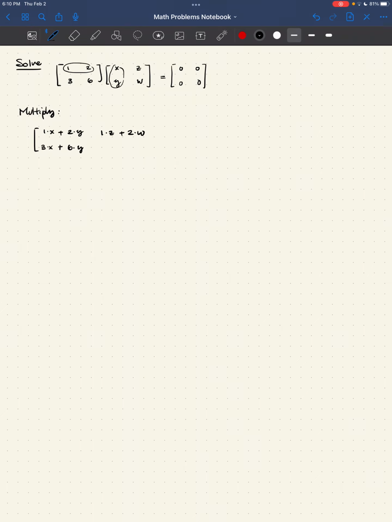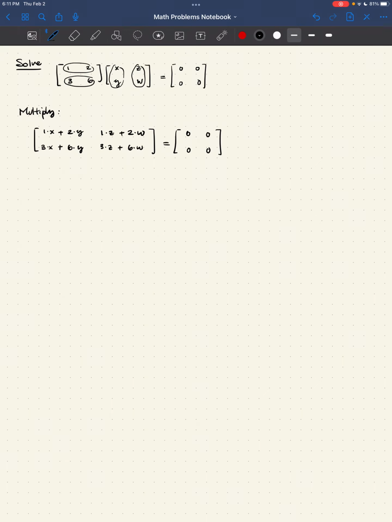And finally, the entry 2, 2, second row, second column, which is obtained by multiplying the second row against the second column. So that should be 3 times z plus 6 times w. And all of that should be equal to 0, 0, 0, 0. Now, matrix equality is obtained entry by entry.